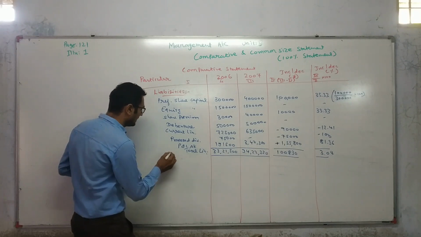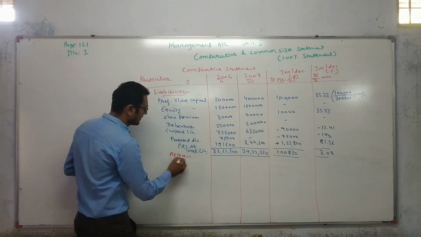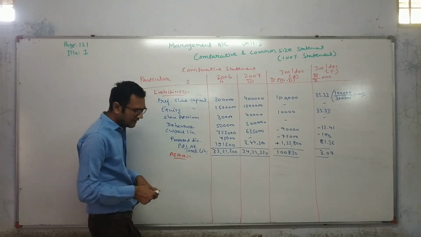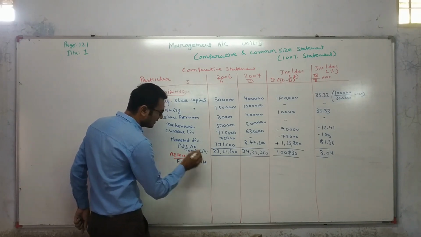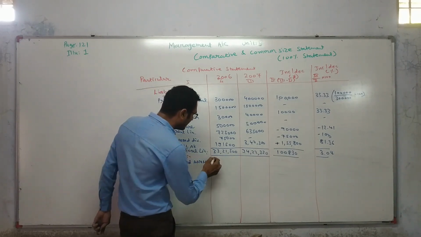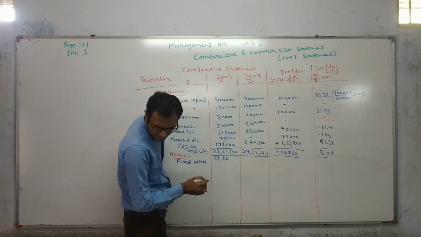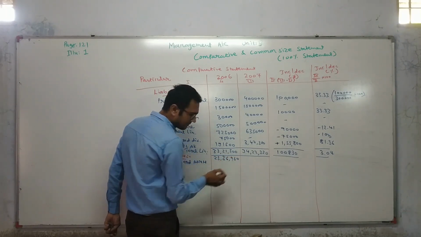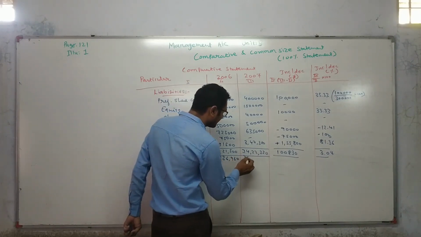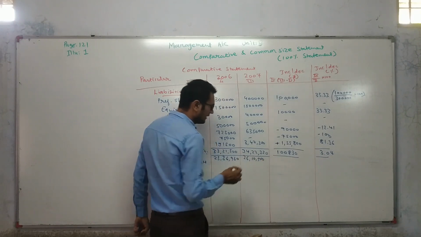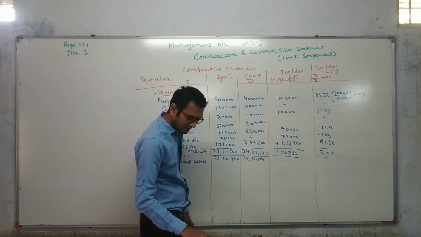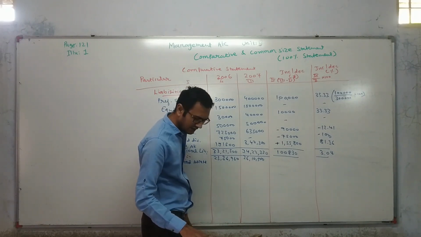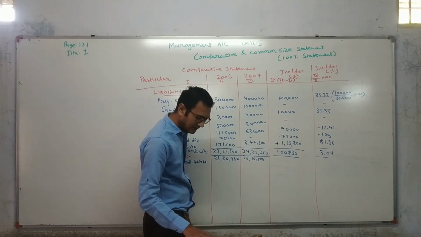So second heading is regarding the asset. Now, in asset, first is fixed asset. Fixed asset is given 23,36,960 and 26,10,500. So difference is 26,10,500 minus 23,36,960.